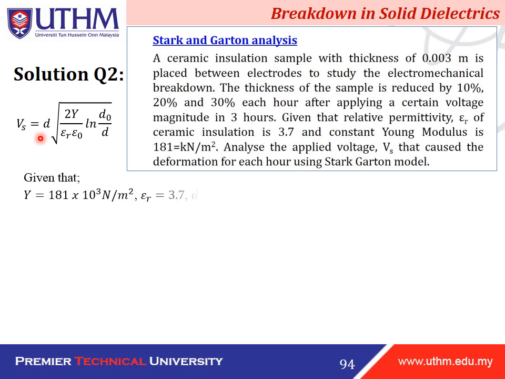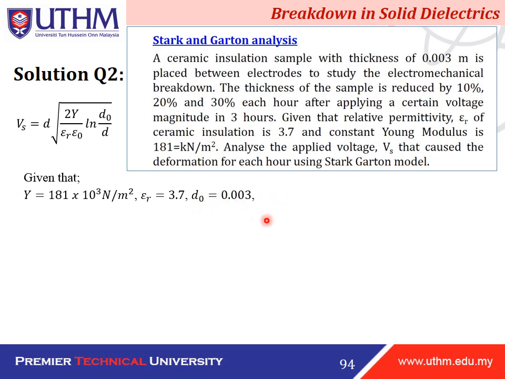First is to extract the data. From the question we know that Young modulus is 181 times 10 power 3 because of kilo, epsilon R is 3.7 and d0 initial value is 0.03 meter.